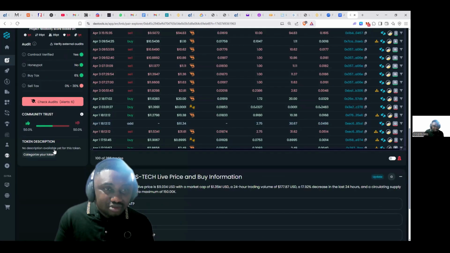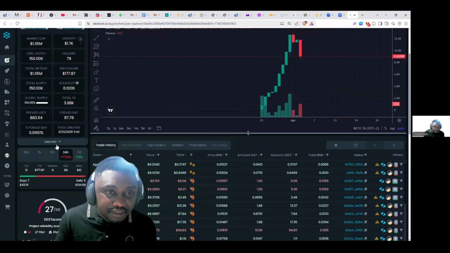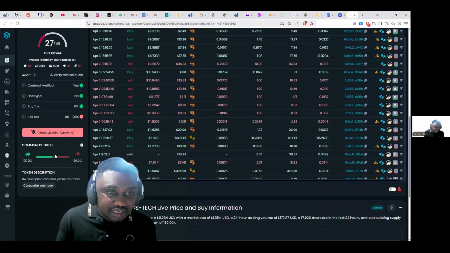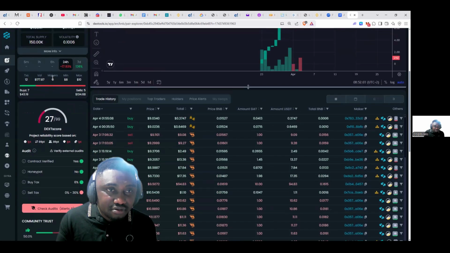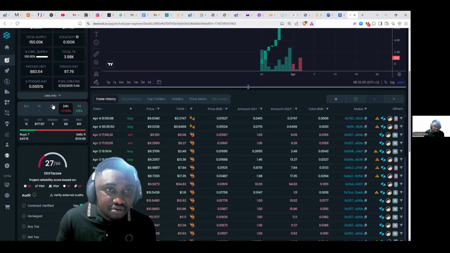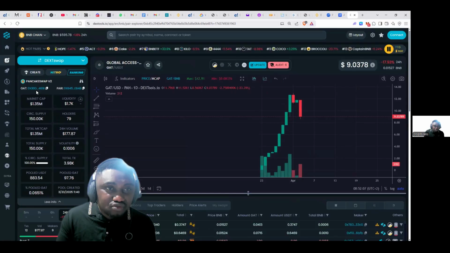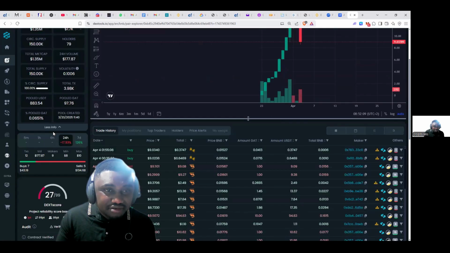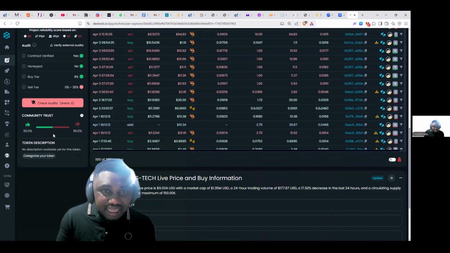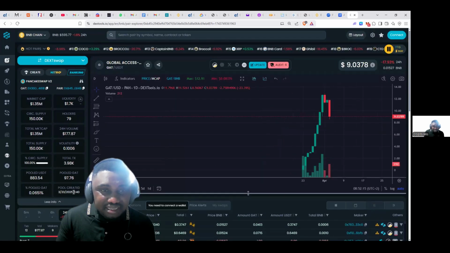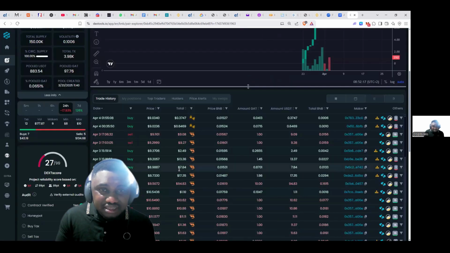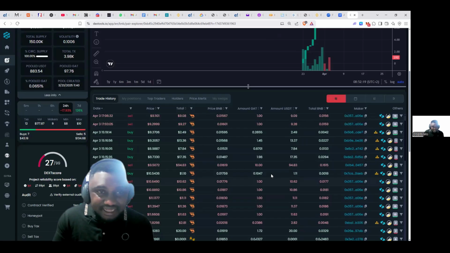All right, let's look at some other things here. Less info, more info. So this is what we find out so far about this new token. And in terms of the trading, let's see how the liquidity is.